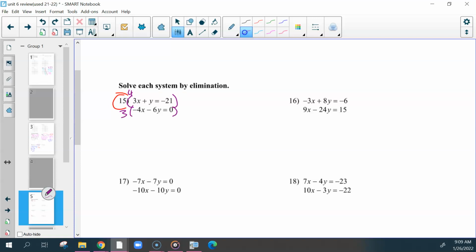Now if we got rid of y first, then we would really only need to multiply one of them by one number. But it doesn't matter. So you have 12x plus 4y equals negative 84.